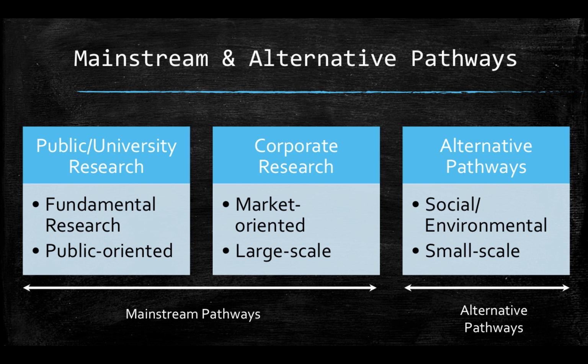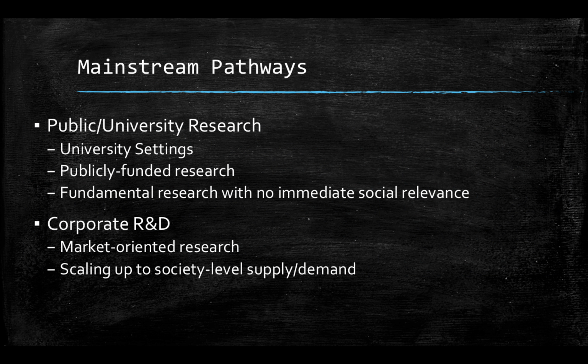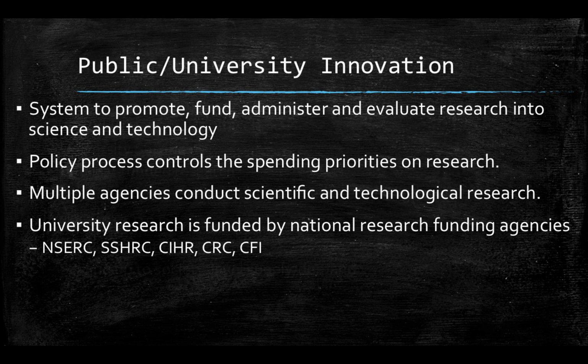But it's also important to understand what mainstream pathways are. Mainstream pathways could be of two kinds: large public or university research processes, as well as corporate research and development efforts. Now, each of these efforts have their own distinctive ways of doing things.